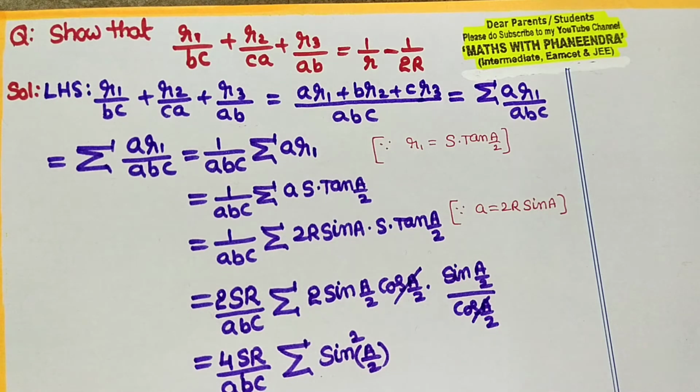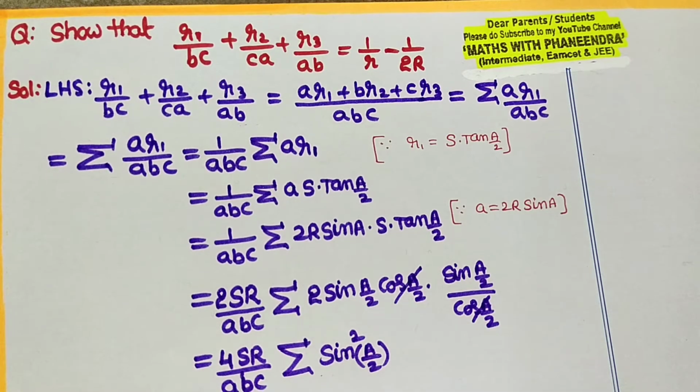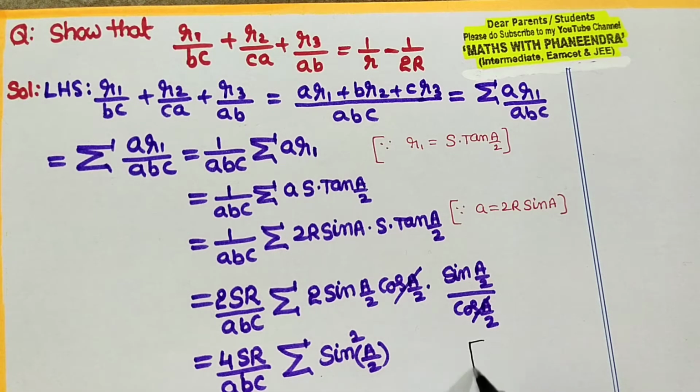After reaching this step, we have the formula. In the previous sessions we discussed that delta equals ABC by 4R. So from that, cross multiply: delta into 4 into capital R equals ABC.